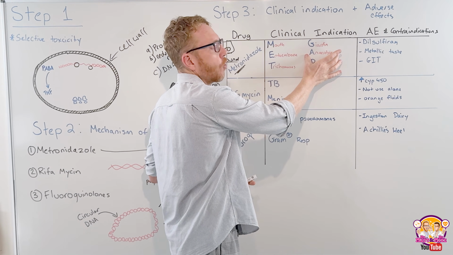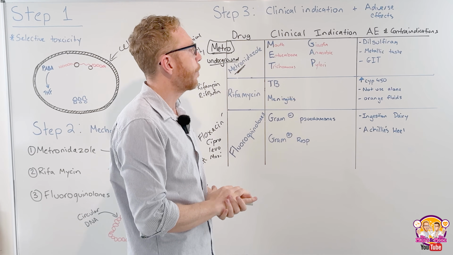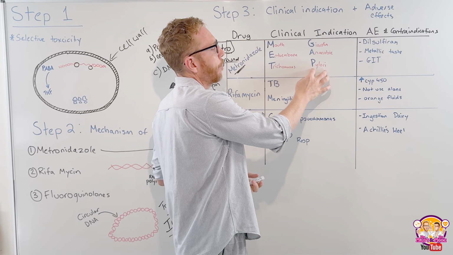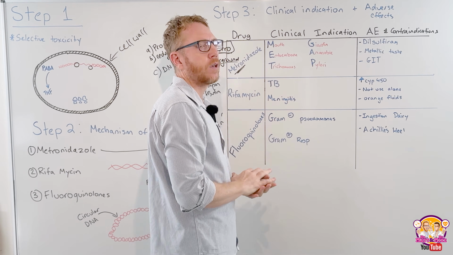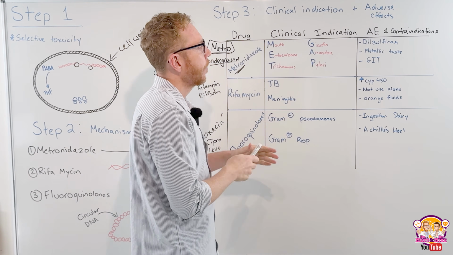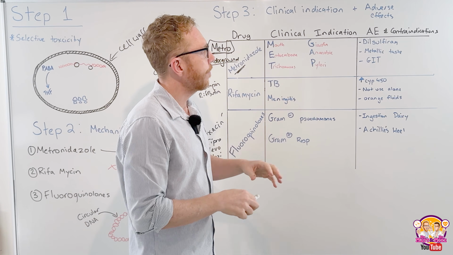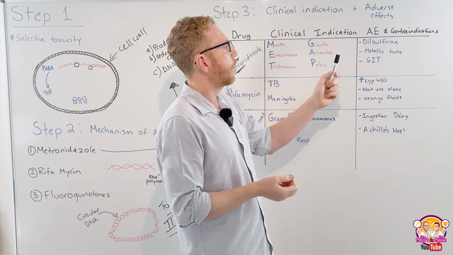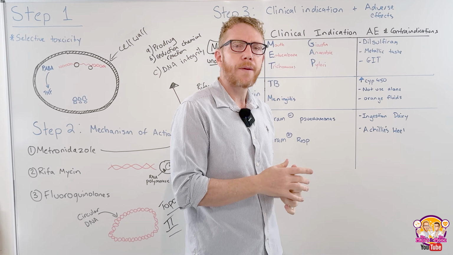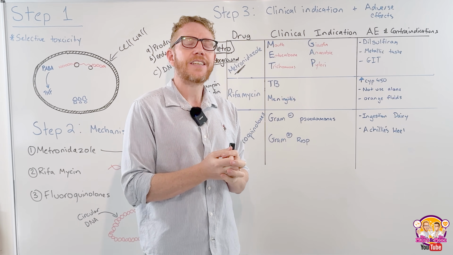Then we have anaerobic bacteria species like C. diff, which is located in the bowel, and H. pylori infections, which are commonly associated with stomach ulcers. Now, some contraindications or considerations to have. In some individuals, it causes a reaction called a disulfiram interaction, which is an interaction with ingesting alcohol.